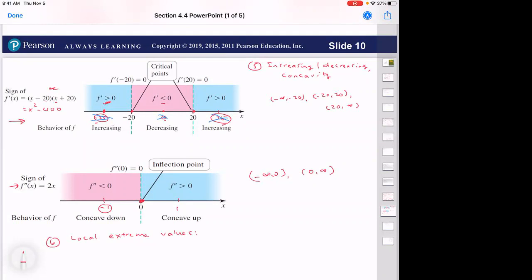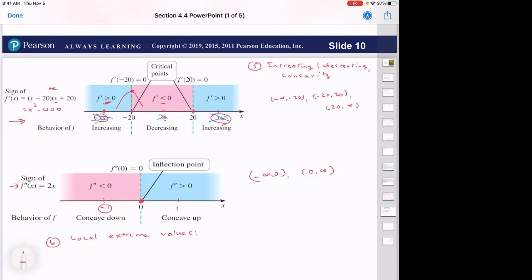So we have two critical points here, -20 and 20. Remember that first derivative test? We did one problem, I think, yesterday. On the left side of -20, the function is increasing, and on the right side of -20, the function is decreasing. It should be something like this. So we have a local maximum there at -20.